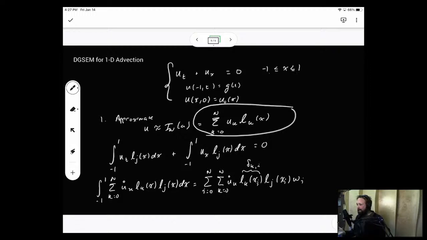So only k equals i survives this summation, and this one also becomes Lj i. So only j equals k equals i survives. So this all reduces down to u dot j omega j.